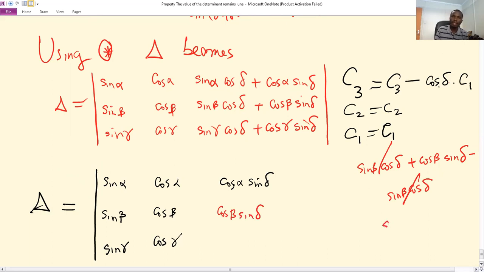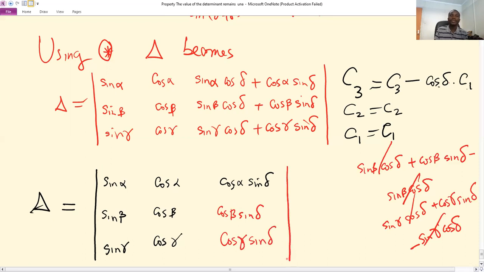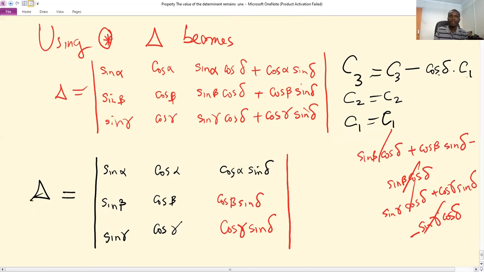Similarly, this will be sine gamma cos delta plus cosine gamma sine delta minus cosine delta times sine gamma. So this and this cancel, and I have cosine gamma sine delta. So this is the determinant that we'll have.